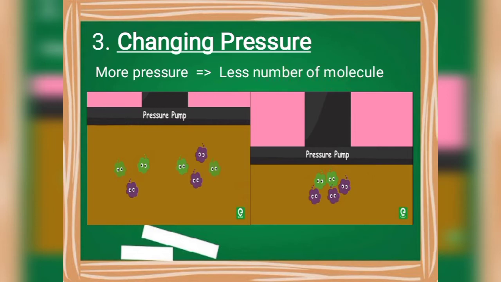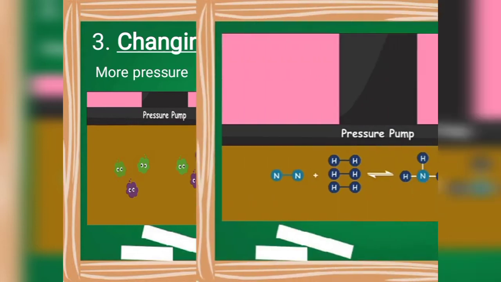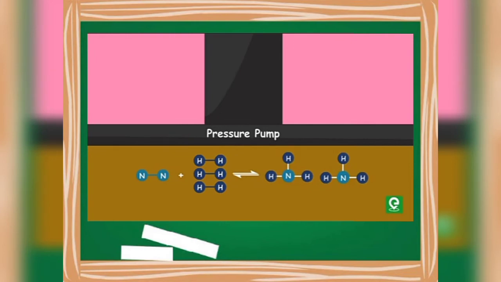For example, in the preparation of ammonia, one molecule of nitrogen gas combines with 3 molecules of hydrogen gas. It will form 2 molecules of NH3, ammonia. Here, the number of molecules of reactants is 4, while the number of product molecules is 2.